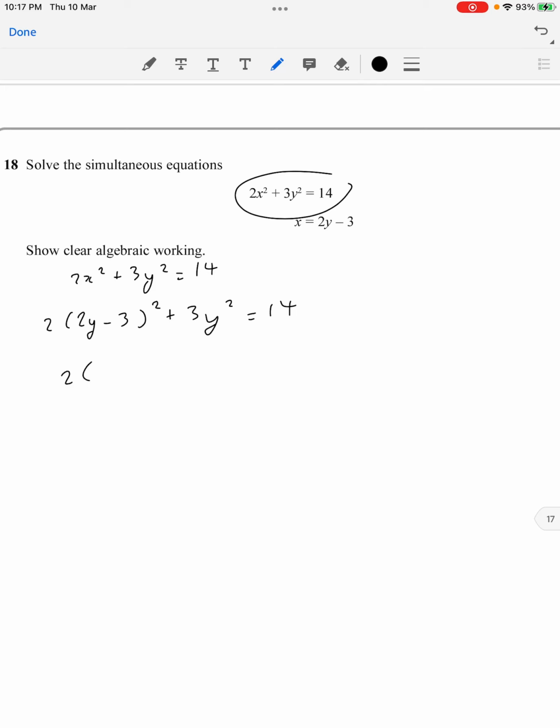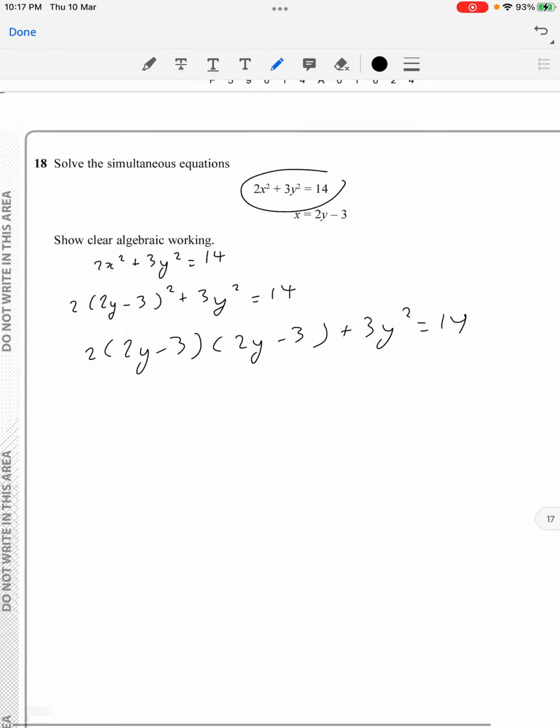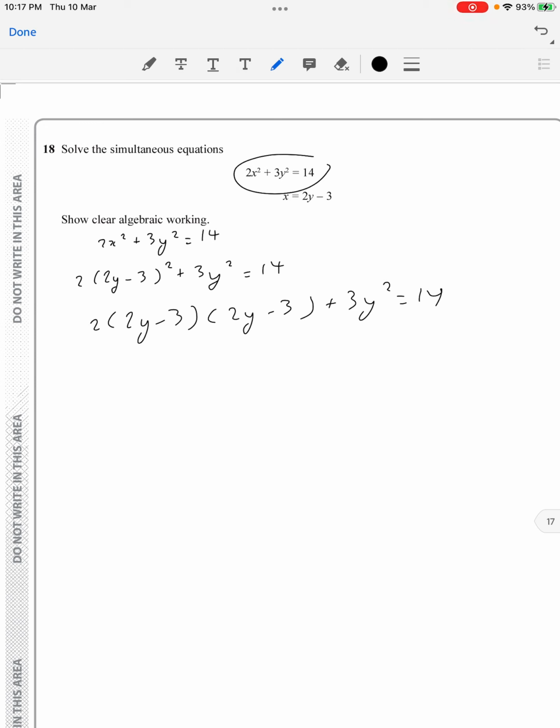You have 2 brackets 2y minus 3, brackets 2y minus 3, plus 3y squared is equal to 14. Once you have that, you group the like terms together and you should be getting a final outcome. Once you solve this whole thing, you should be getting about 11y squared minus 24y plus 4 is equal to 0.